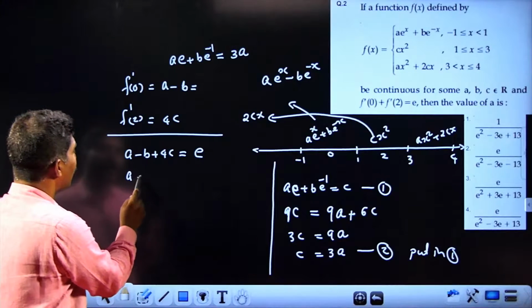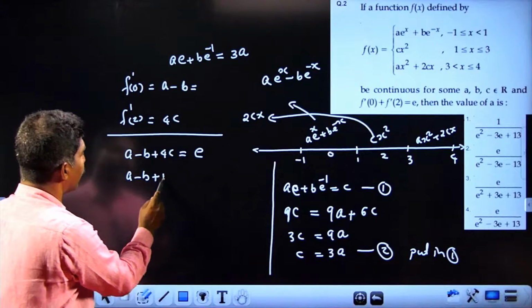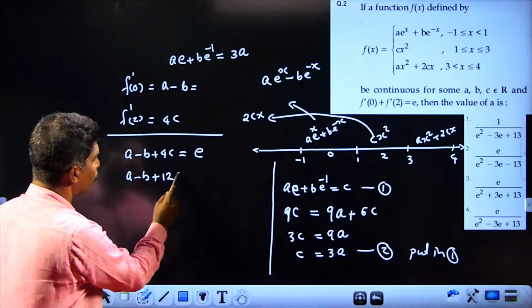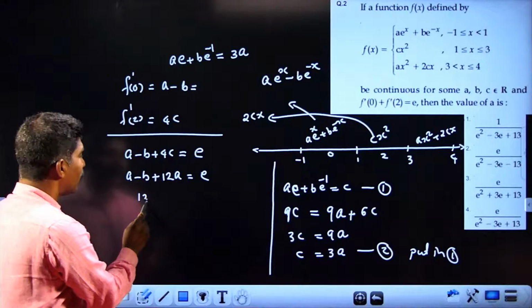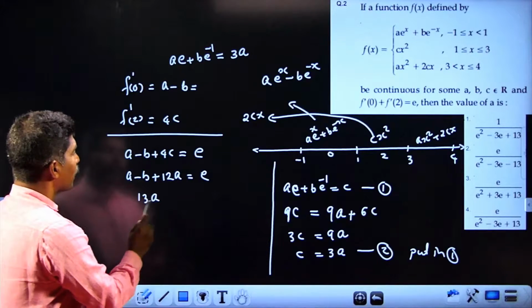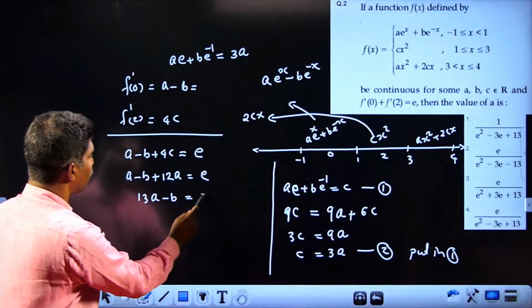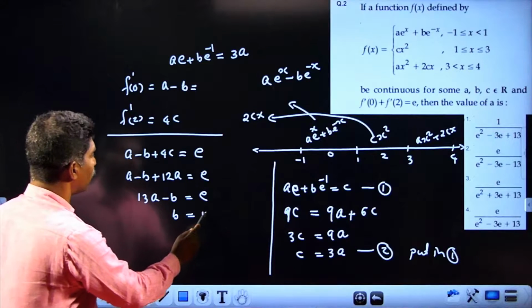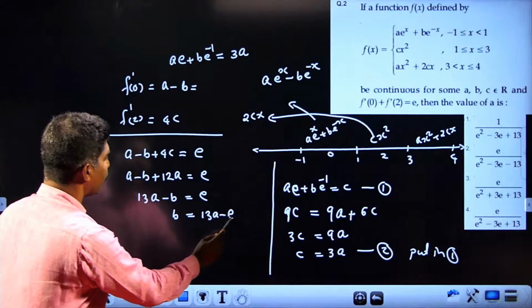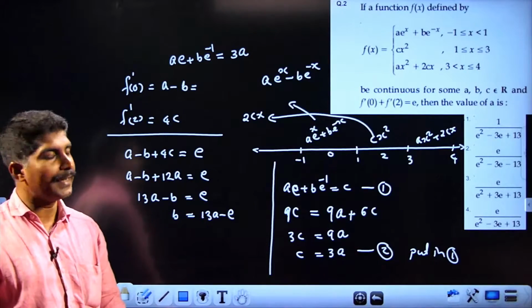So A minus B plus 12A is equal to E. A plus 12A is 13A, so 13A minus B is equal to E. Therefore, B is equal to 13A minus E.